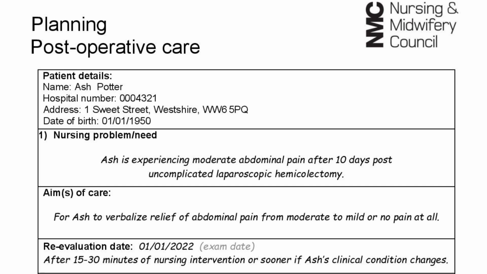So my re-evaluation date is today's date, which is my exam date as well, followed by every 15 to 30 minutes of nursing intervention, or sooner if Ash's clinical condition changes. I chose 15 to 30 minutes because you can't leave the pain for too long. You need to make sure that you are attending to the patient as soon as possible.